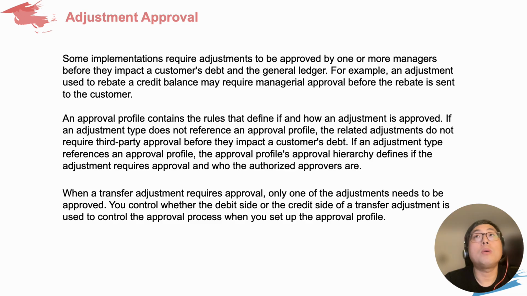For example, adjustments used to rebate a credit balance may require managerial approval before the rebate is sent to the customer. This is quite a unique feature. I haven't seen this being used for billing and payment.